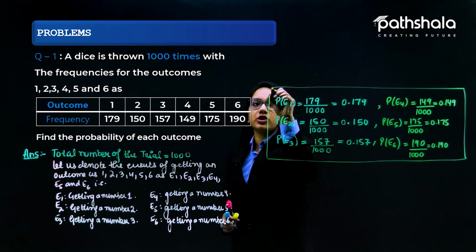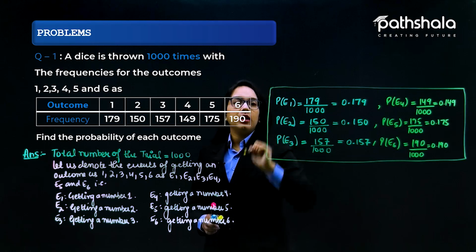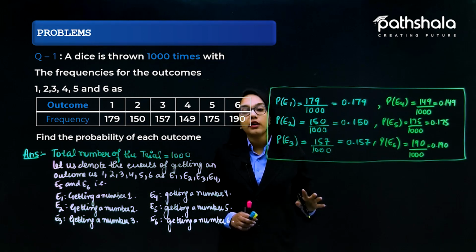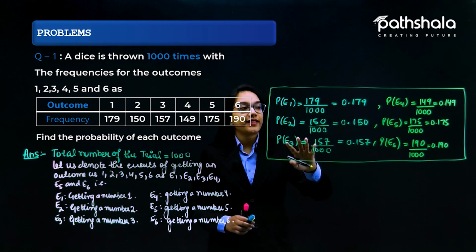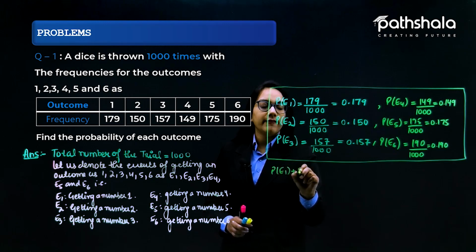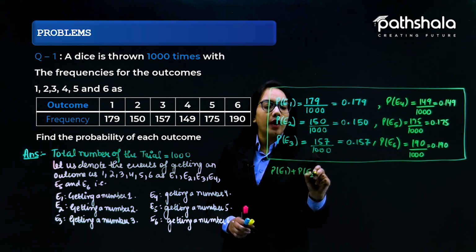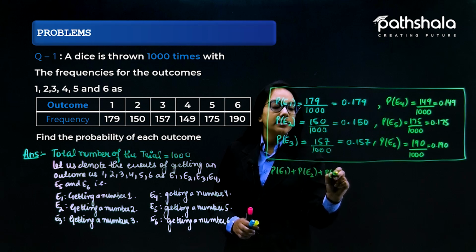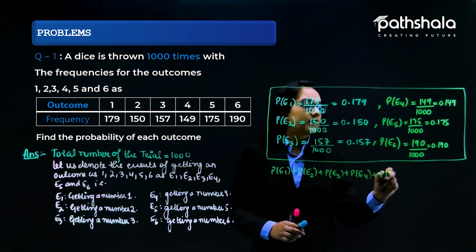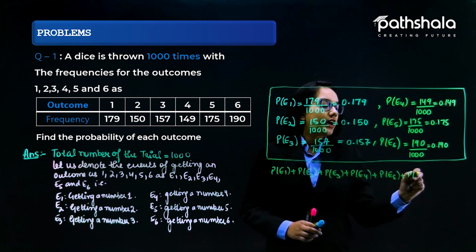Furthermore, we can also check whether the answer we are getting is correct by taking the sum of all these probabilities. If I sum up all these events and get an answer equal to 1, then definitely my answer is correct. So we have P(E1) plus P(E2) plus E3 plus E4 plus E5, and further E6.